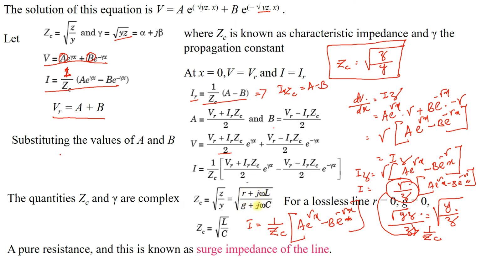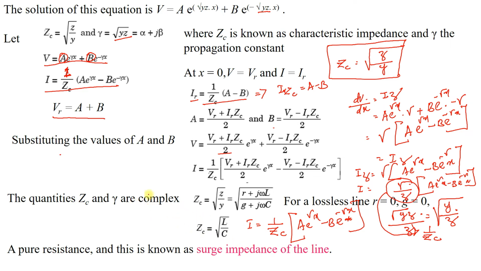So this will be j omega and these two get cancelled, and finally you have Zc is equal to root L by C, where L is the inductance per unit length of the transmission line, and C is the capacitance per unit length of the transmission line. And you can see that this expression Zc is equal to root L by C is defined as the surge impedance of the line.